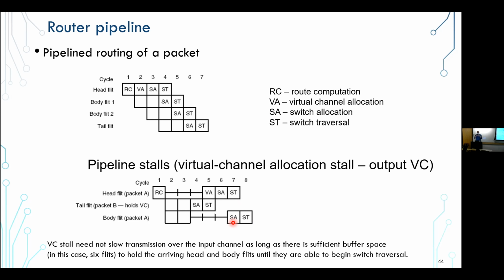And holding it in the input VC kind of pushes back on the upstream channel to not send another thing, because if it did send, your buffer would overflow, right? So that's what the flow control does for you. And in credit-based, you wouldn't be able to do it because you're not sending it a credit, so you're not allowing it to transmit, right?